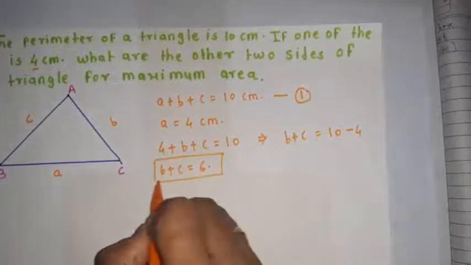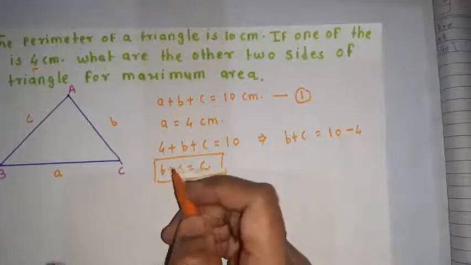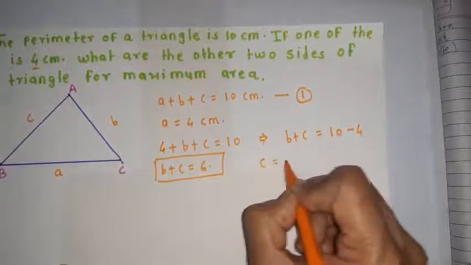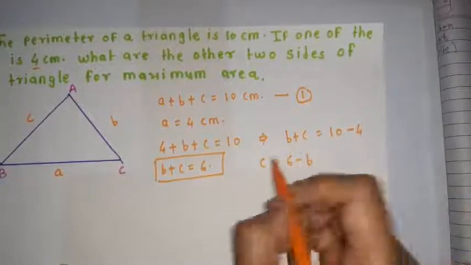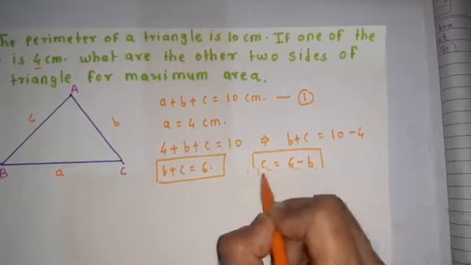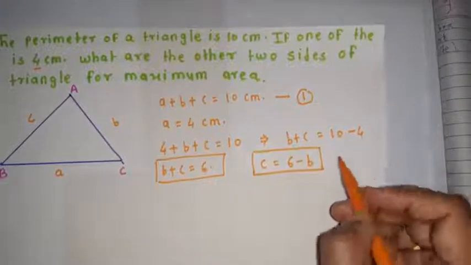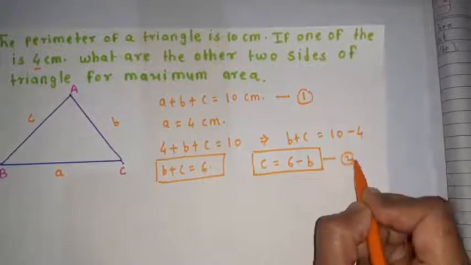Now here we can write c equal to 6 minus b, or b equal to 6 minus c. Okay students, suppose this is equation 2.